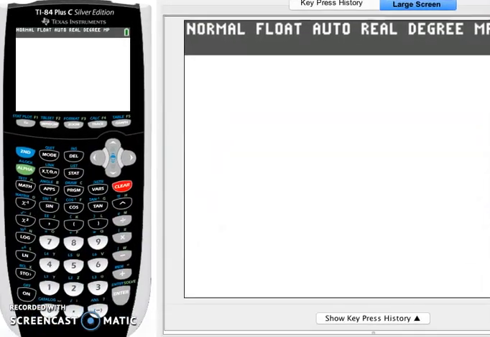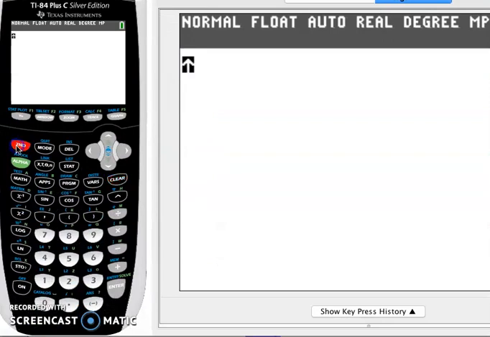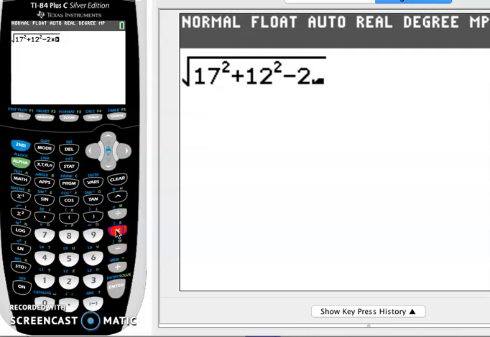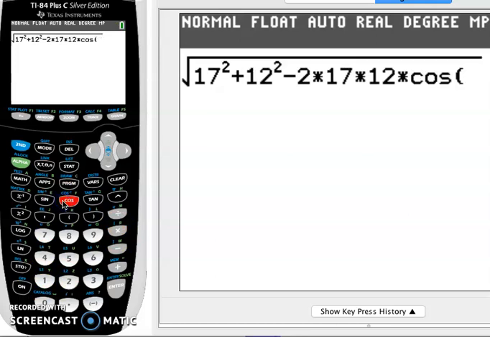17 squared plus 12 squared. So, second, square root, 17 squared plus 12 squared minus 2 times 17 times 12 times the cosine. I've seen people put in sine here, and I think it was 70 degrees.